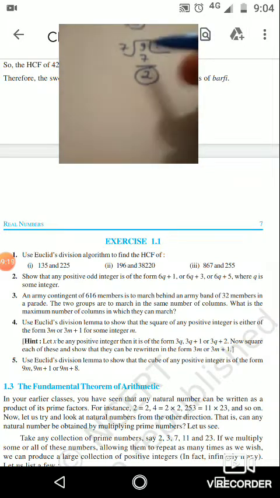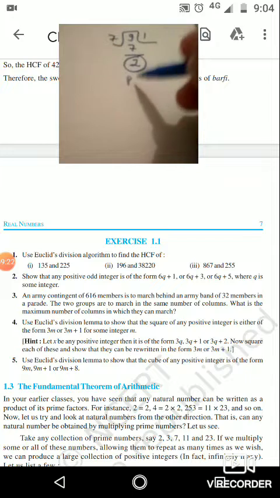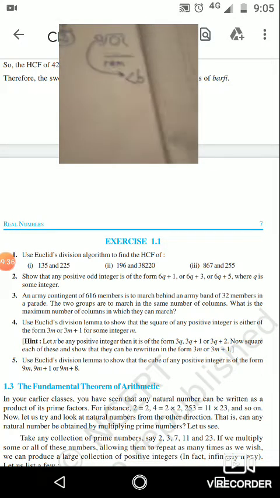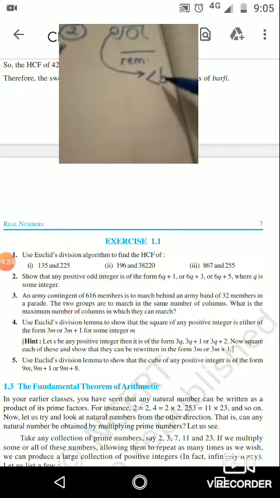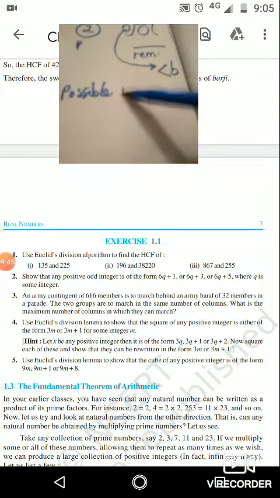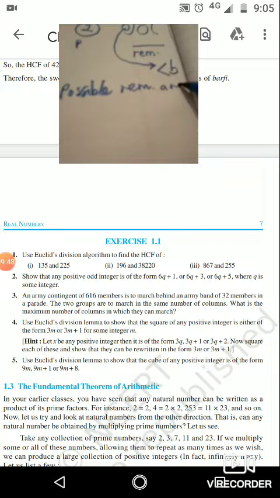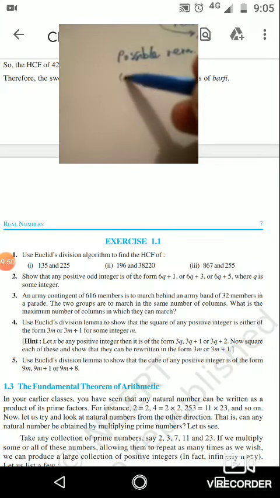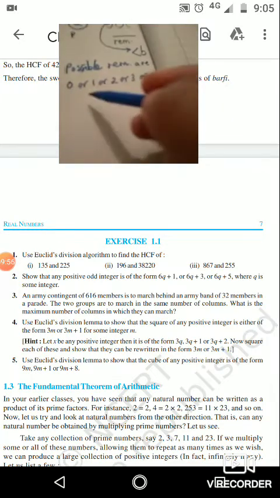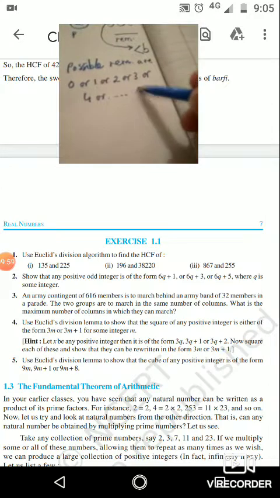So here you can see, if I am dividing any number by any other number, then the remainder is less than this divisor, B. The remainder will always be smaller than B. So the possible remainders R may be 0 or 1 or 2 or 3 or 4, meaning less than B.